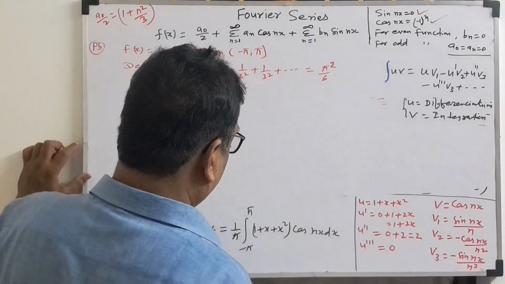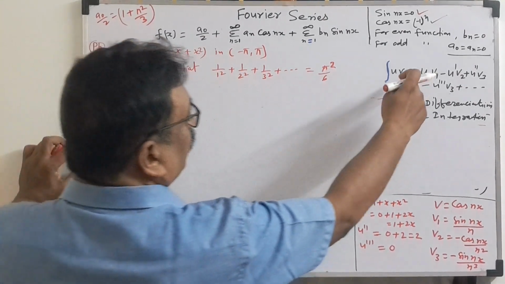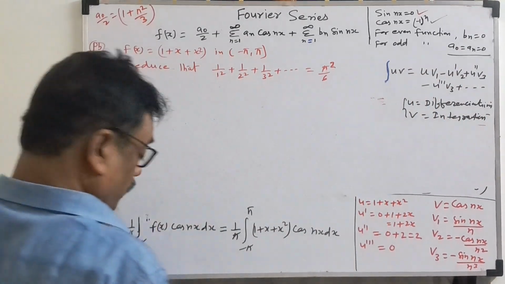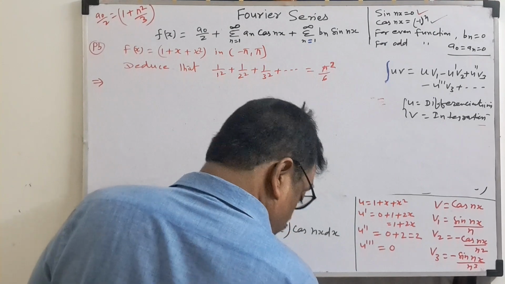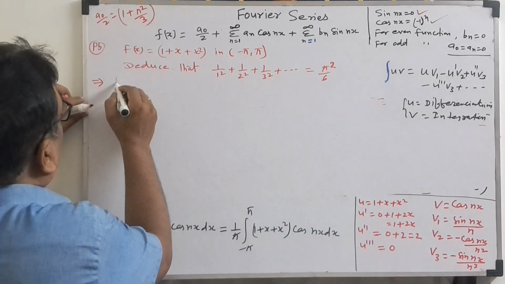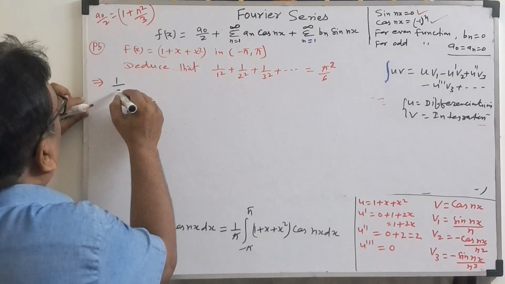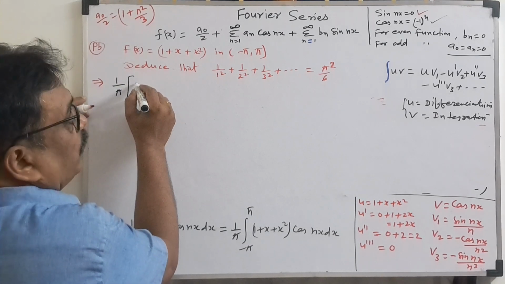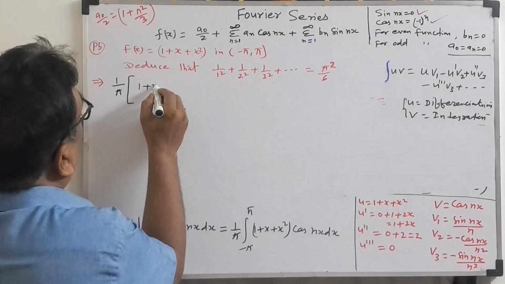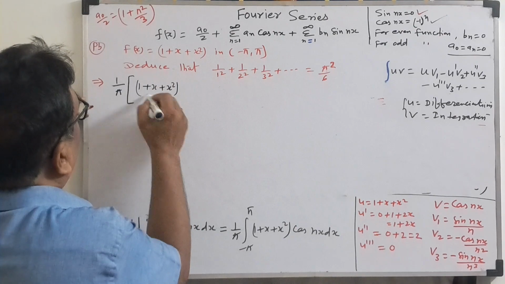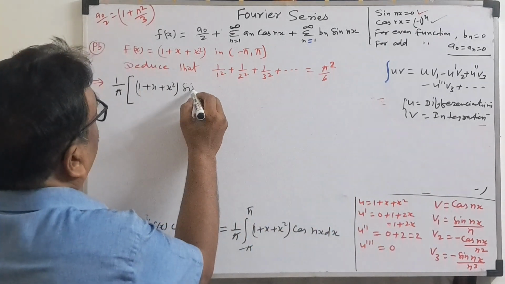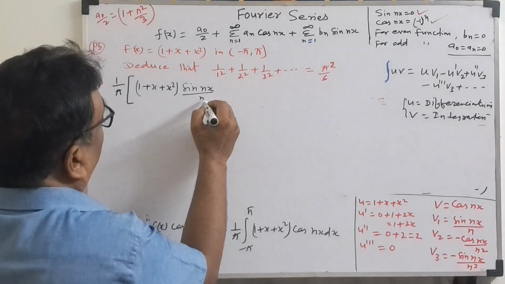Now this is the function u and v. We'll write u and v in this format. That implies: first function is u, so take 1 by pi, u is 1 plus x square, times v1, sin nx by n.